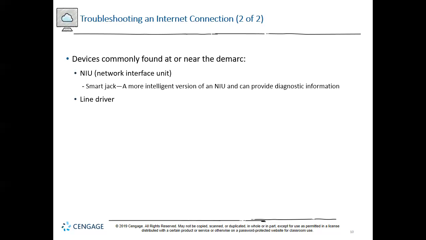A line driver increases the intensity. It's like an amplifier, it amplifies the signal coming out from you. So any of these things could go wrong, and you need to look at it. Your CSU/DSU is usually just going to be a box that we refer to as a modem.